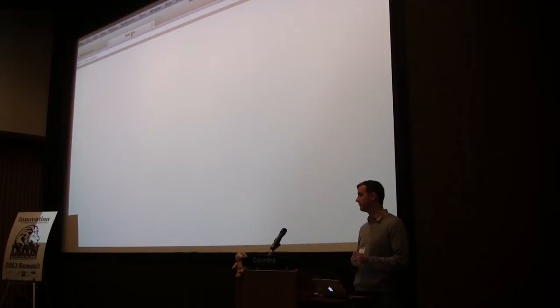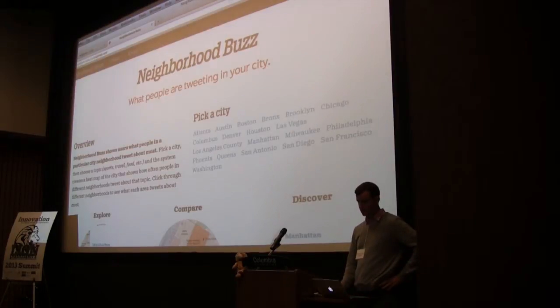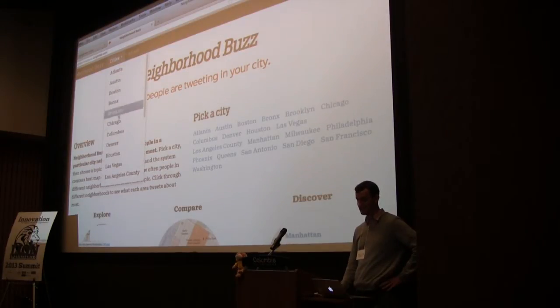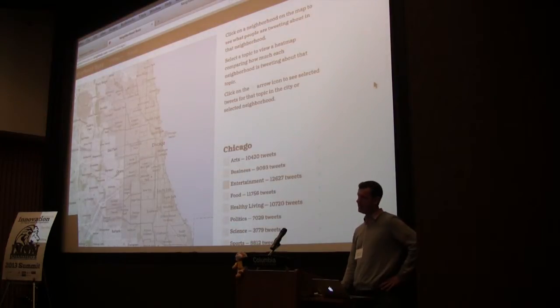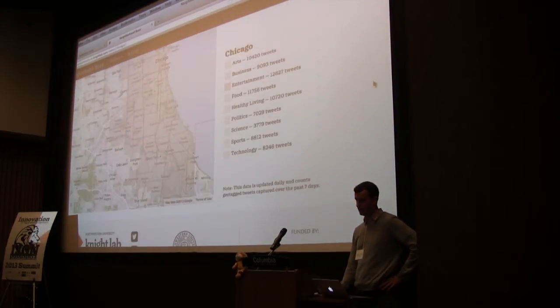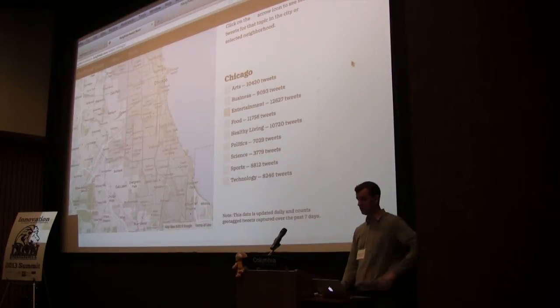Has that one been released? Yeah, we can look at it. It's not really done, but it's out there, so you can definitely look at it. We're aware that there are a lot of faults with this system. So we'll just look at Chicago. This one you can't search by. It has these set categories. This is Chicago as a whole.